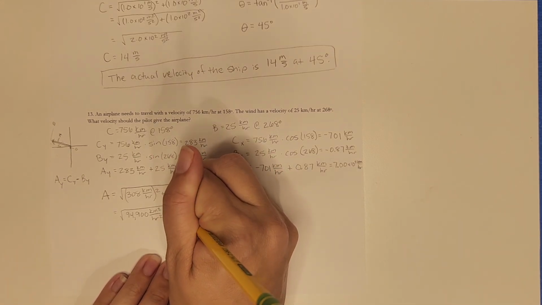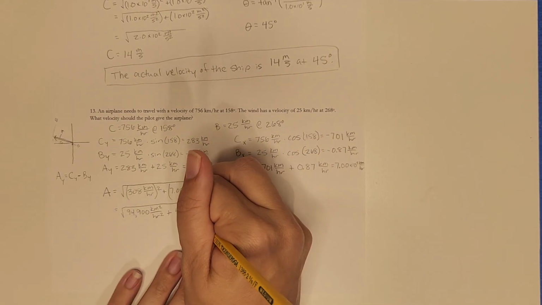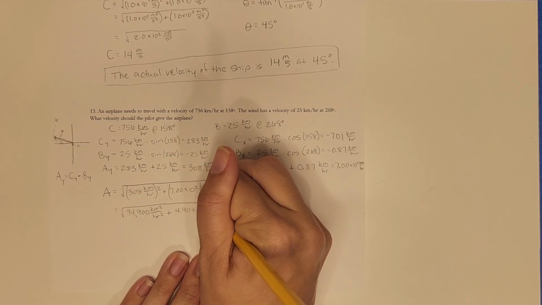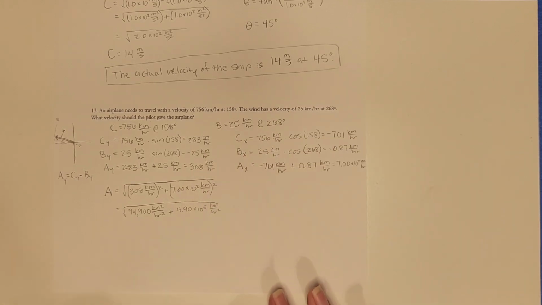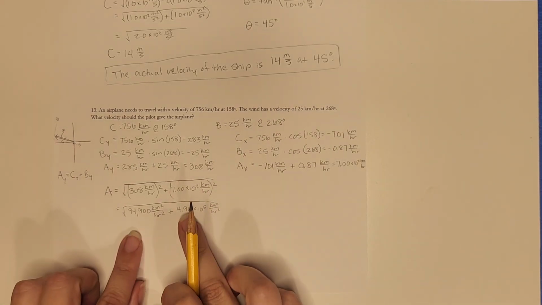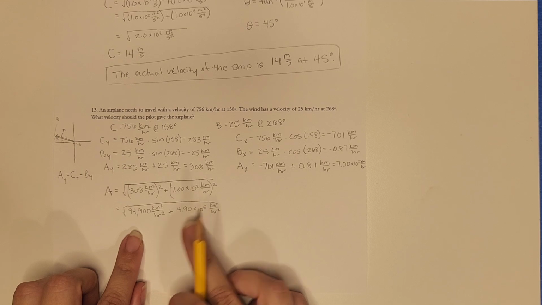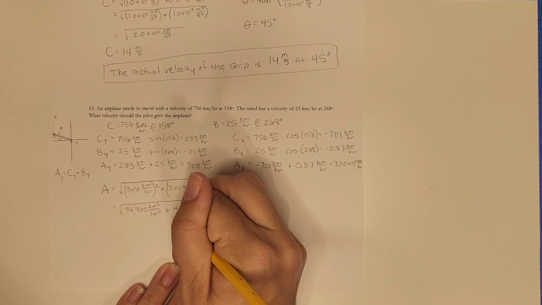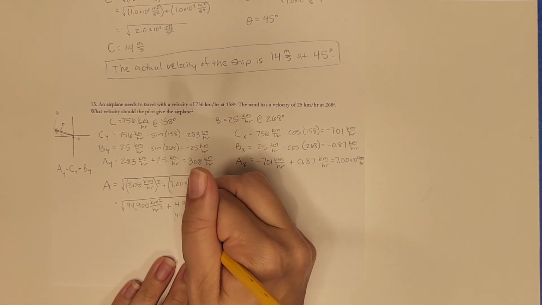And so I'm going to get 4.90, keeping it with 3 significant figures, times 10 to the 5th kilometers squared per hour squared. Now, when I add this, the scientific notation is not super helpful for determining what I need to do with significant figures with the addition. So I'm just going to write in parentheses under here what we actually have.